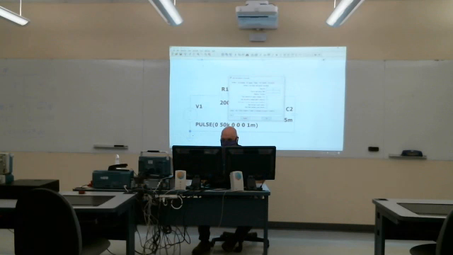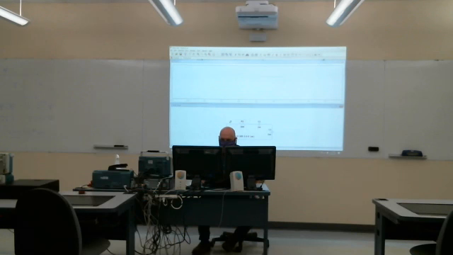So I'll just go out to about a second, and see if I get this. So there's our 50 kilovolt pulse. I'm not really interested in that. But what I really am interested in is the voltage across this capacitor, which is shown here.